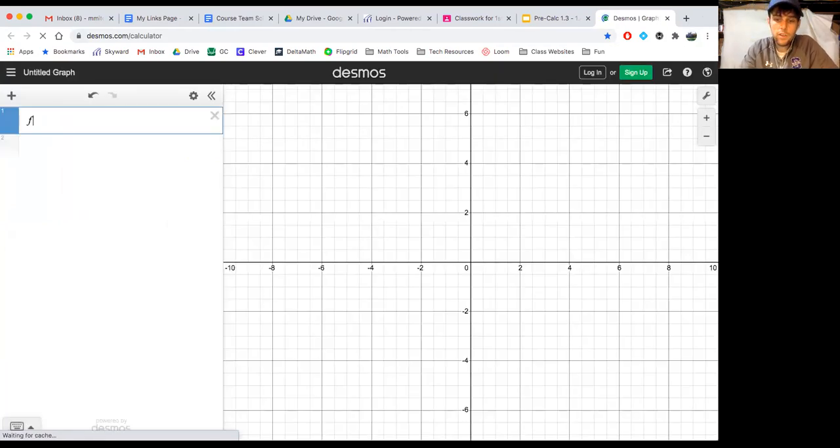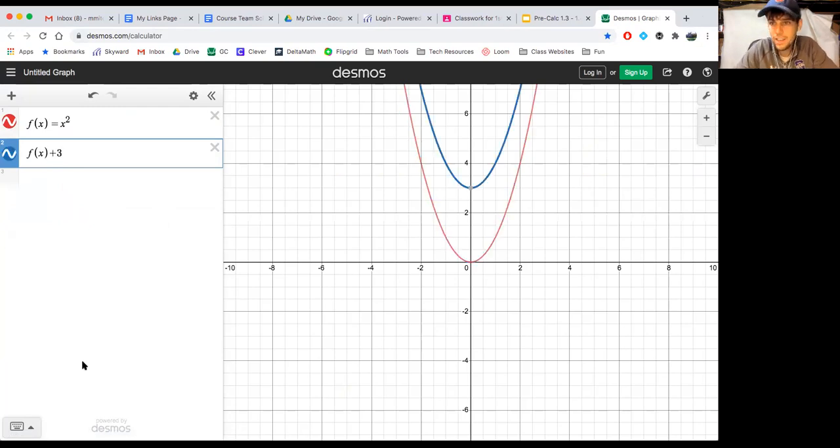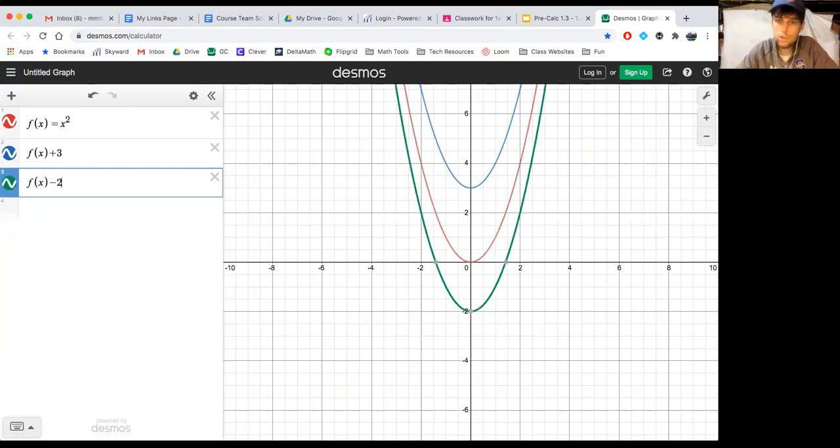So our parent function being our basic x squared parabola, and we were doing some shifts. We wanted to shift it up 3 units, so plus 3 onto the end there, creating that graph. If we wanted to shift it down 2, I believe was what we did there, so we'll go ahead and shift it down 2.